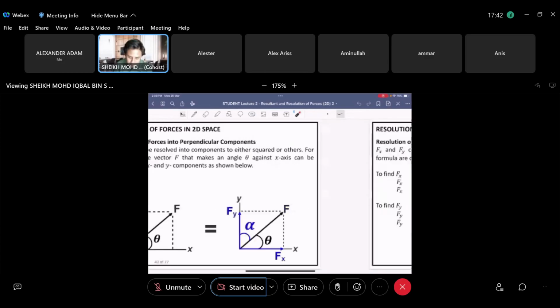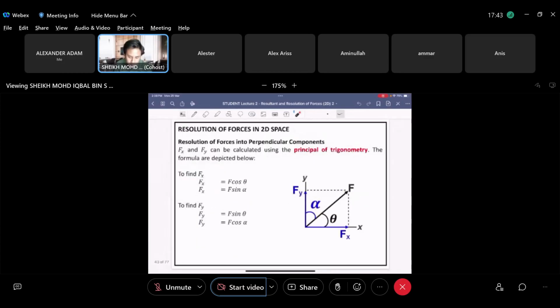Now, Fx and Fy can be calculated using the principle of trigonometry. Just by using basic trigonometry, you can find the magnitude of the force in the X direction and the force in the Y direction.